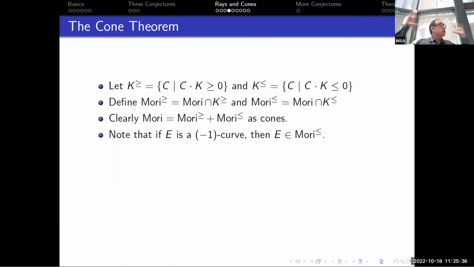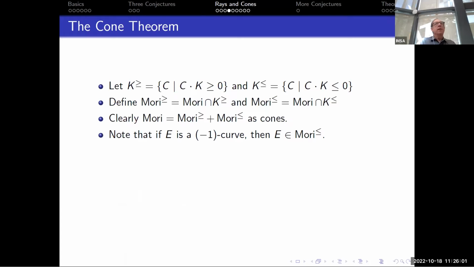Take the Mori cone, which is the closure of the effective cone, and it breaks into the part that intersects positively and the part that intersects negatively. Clearly, if you take a cone and intersect it with a half space, it's a cone too. So the Mori cone splits into its positive part and the negative part, and it's the sum of those two cones.